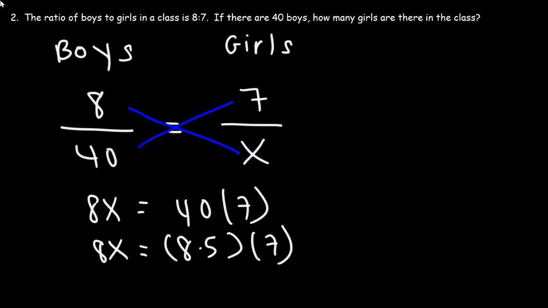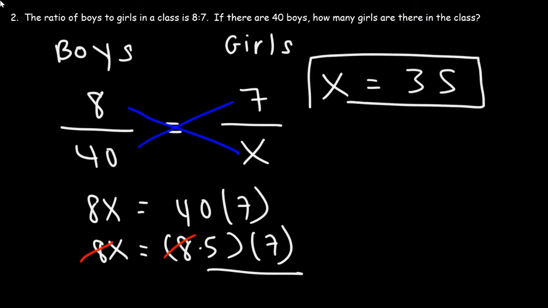Notice that we can cancel an 8. So on the left side, all we have is an x left over. On the right side, it's going to be 5 times 7, which is 35. So if there are 40 boys in a class, there's going to be 35 girls in that same class.